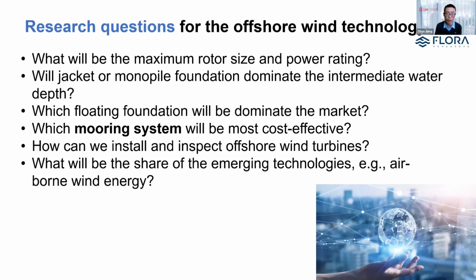Monopiles are very easy to manufacture and can be produced at relatively low cost, but they can also experience quite large hydrodynamic loads if the water depth increases further. On the other hand, jacket foundations use slender elements so that they are less prone to wave excitation. But the storage, manufacturing, and installation can be quite cumbersome compared with monopile foundations.